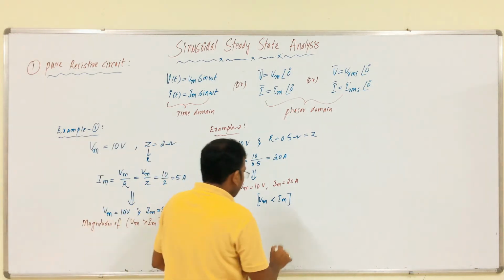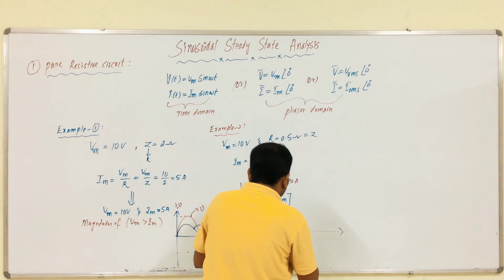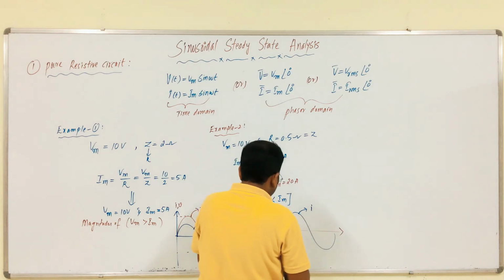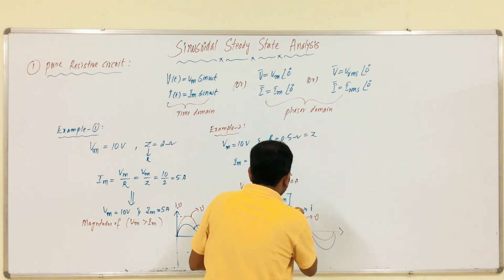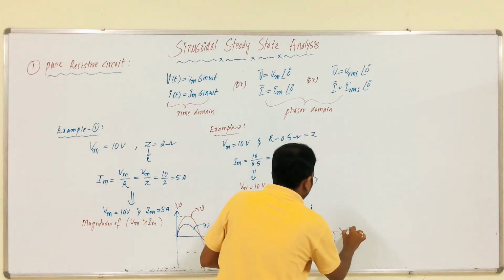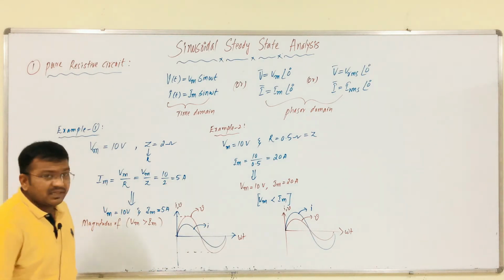Then for this, this is I, this is V, with omega t, right. Are you clear with this concept?